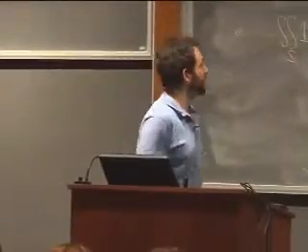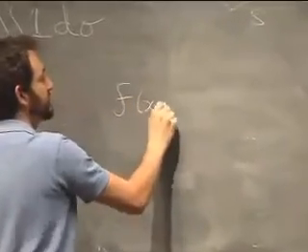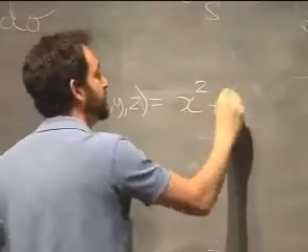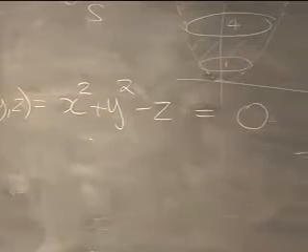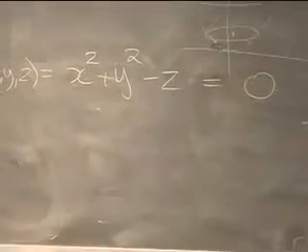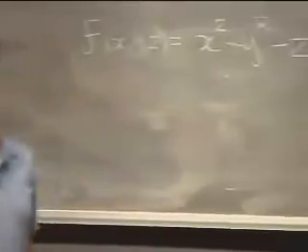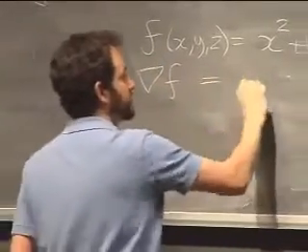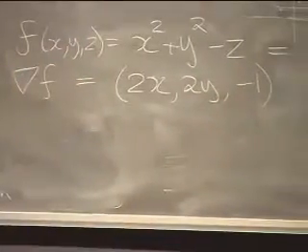To use my method 1, I need to rewrite this as f of xyz equals x squared plus y squared minus z equals 0. So I just shoved z to the other side so that it looks like x squared plus y squared minus z and equals 0, and I dub this f. So I'm going to need to compute grad f, so that is 2x, 2y, minus 1.